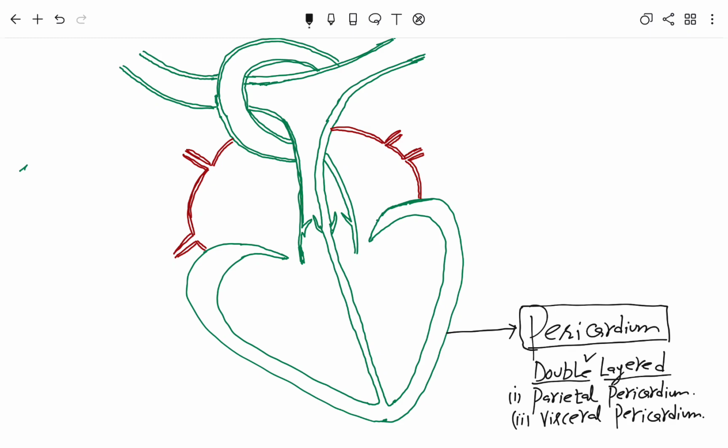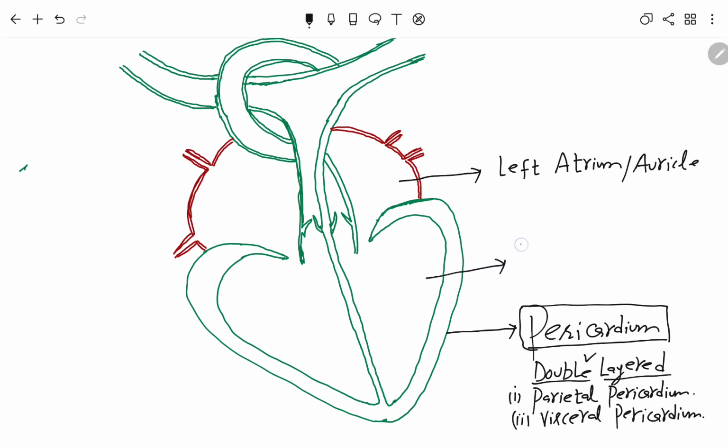Now, as we know that our heart has 4 chambers, so the upper chamber is called as, this is our left atrium. Atrium can also be called as auricle. This is the spelling, auricle. And lower chamber will be called as ventricle.